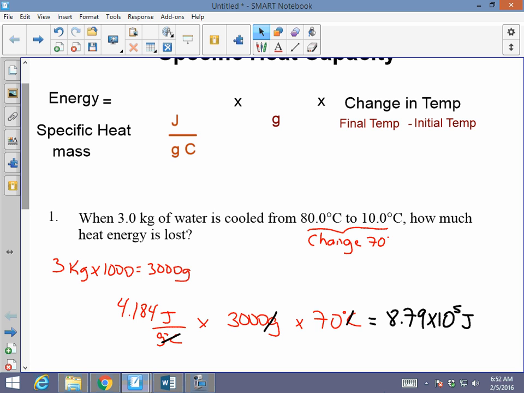What you have now is energy divided by the specific heat capacity divided by the mass. This would give you change in temperature. Let me go back over here now, the original. If I need to look for the final temperature or initial temperature, okay, you need to play with those variables, leaving either the final or the initial temperature alone.